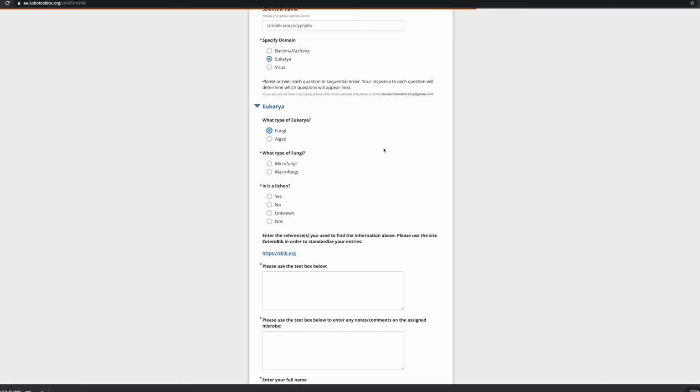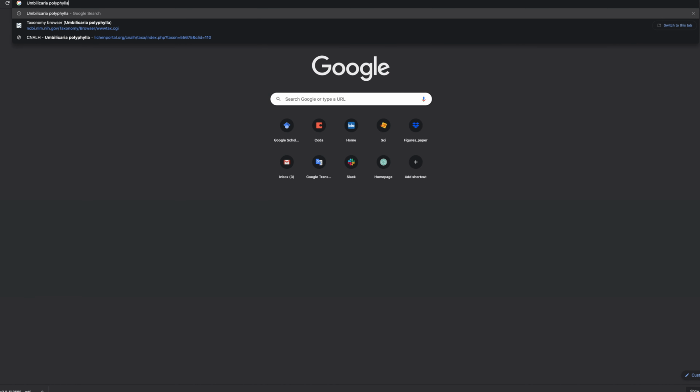So here it is asking us what type of fungi this is, and is it a lichen? So just out of curiosity, I'd like to see if there are pictures available for my fungi.